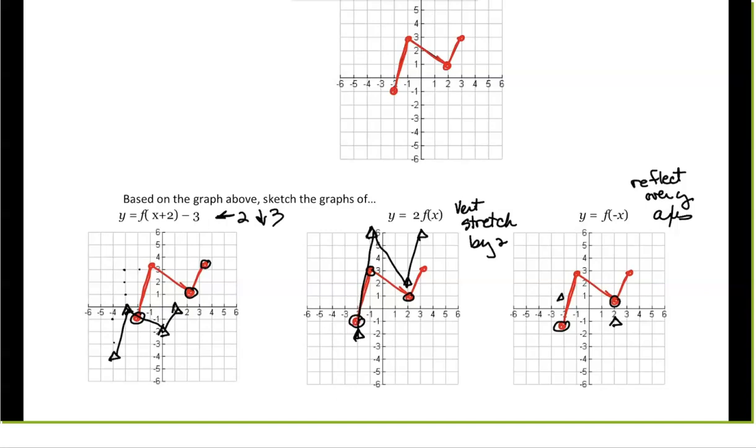If I have this point right here and go across the y-axis, it's going to be here. And if I have this point that is 1, 2, 3, I'm going to go 1, 2, 3, and I'm right here. So when you connect those dots, or those triangles, that's what you get. So that's what happens if you flip it over the y-axis.